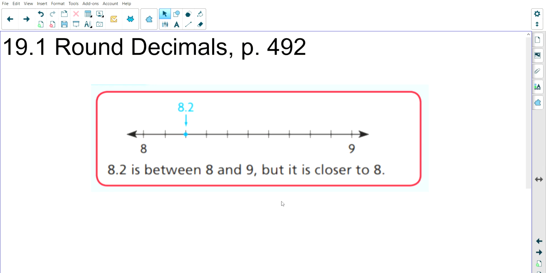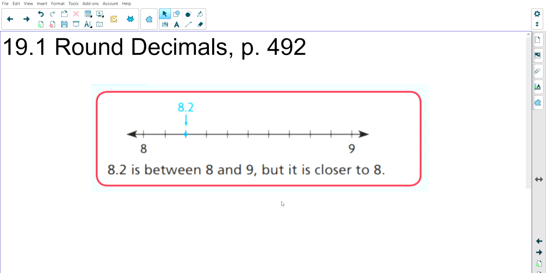To round a number means to see if it's closer to one thing or another. Rounding helps us make calculations much more quickly. I have a number line here with a decimal, 8.2 or 8 2/10. When it's placed on the number line, we can see whether it is closer to the whole number 8 or the whole number 9.